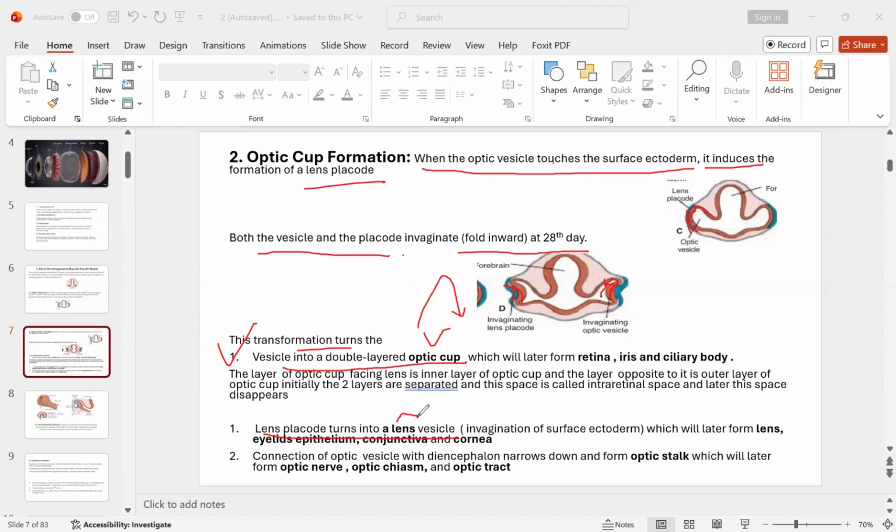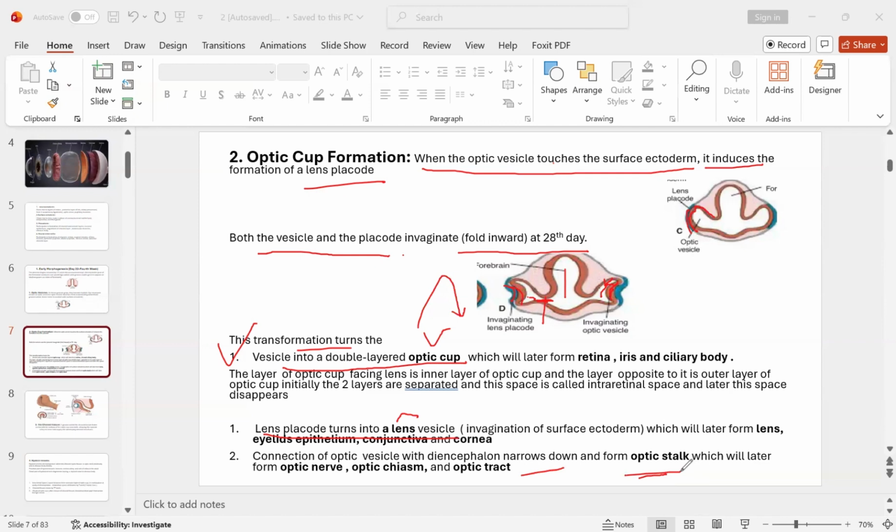So now let's talk about the optic stalk. The diencephalon and the optic vesicle, or you can say the optic cup, have a connection between each other. This area is the connection between the diencephalon and the optic cup. With the passage of time this area narrows down and we call it the optic stalk. So now let's talk about the derivatives.